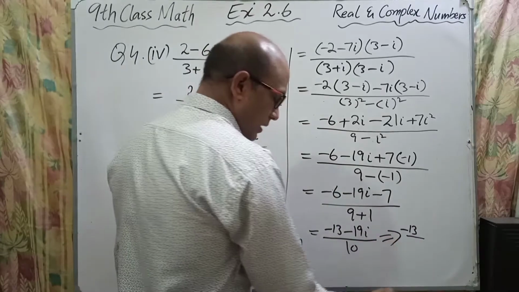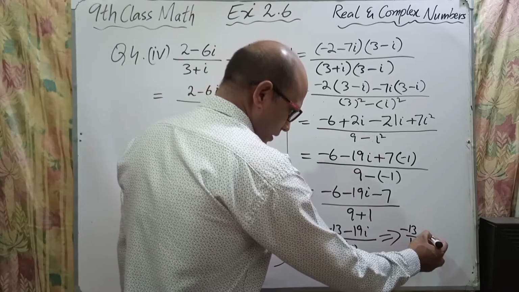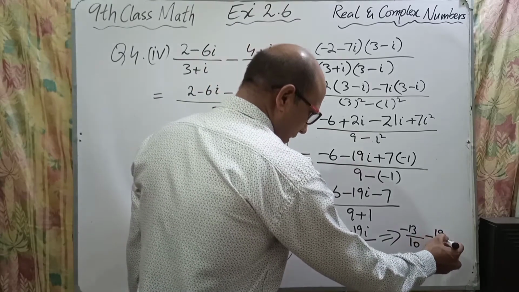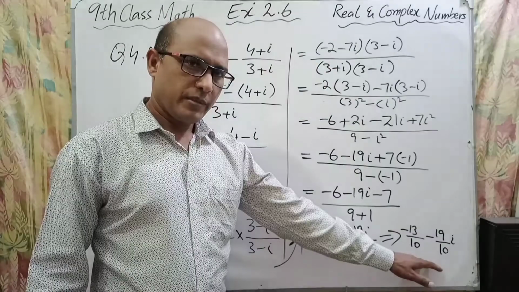So students, our answer is minus 13 over 10 minus 19 over 10 iota.